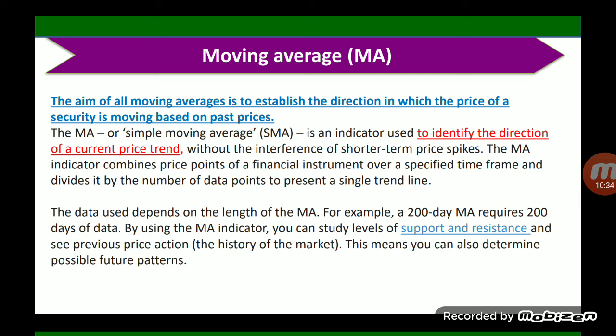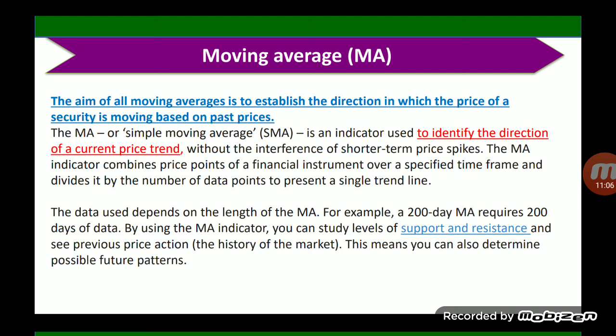Means the moving averages do not take into account the interferences of short term price spikes. If the price is fluctuating more in the short term, then the moving averages exclude it, and it takes the whole past trend, and on the basis of that it tells us the current price trend.